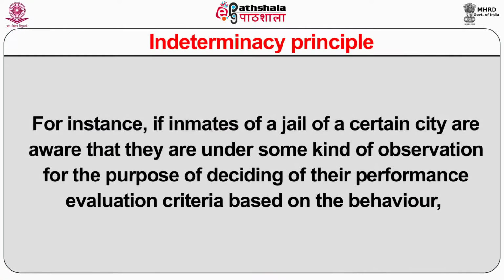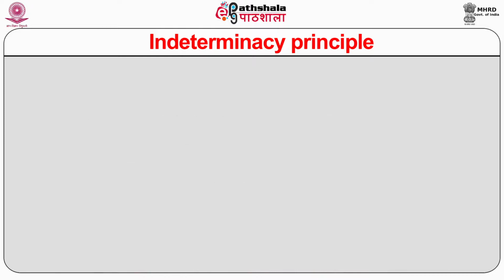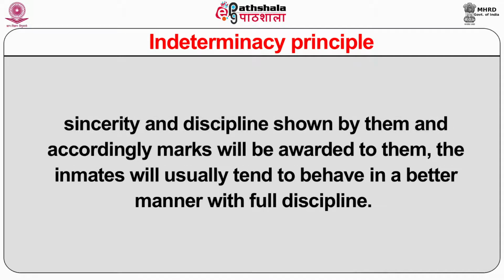For instance, if inmates of a jail in a certain city are aware that they are under observation for deciding their performance evaluation based on their behavior, sincerity and discipline, and marks will accordingly be awarded to them, the inmates will usually tend to behave in a better manner with full discipline. Thus, the Indeterminacy Principle may also be a cause of systematic bias.